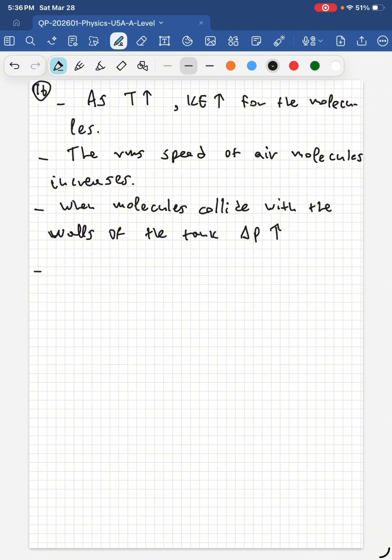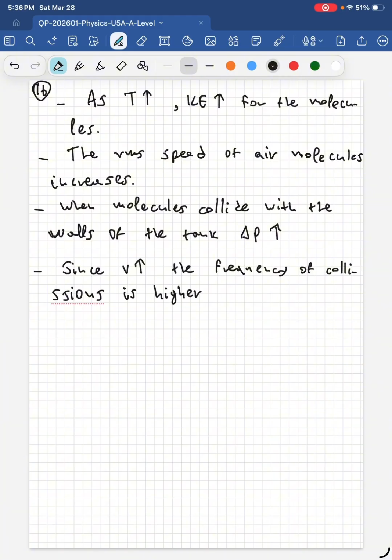So since V increases, the velocity, not the volume, since the velocity increases, the frequency of collisions is higher. So delta P over delta T is larger.